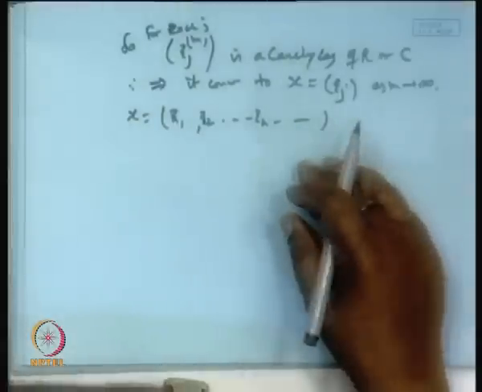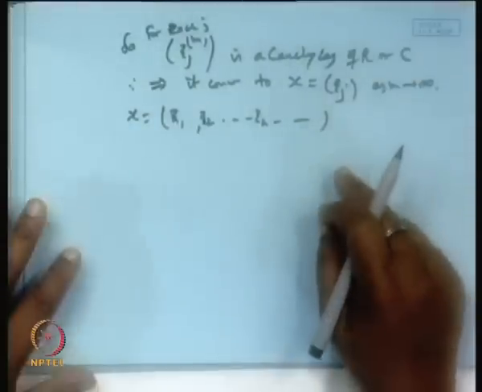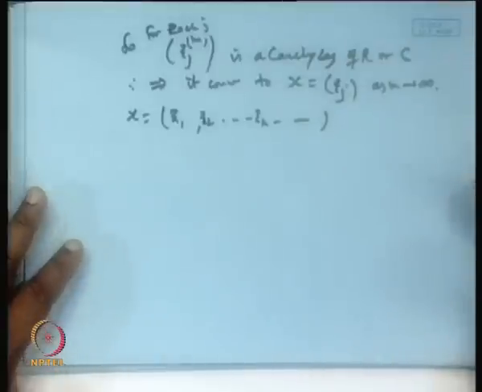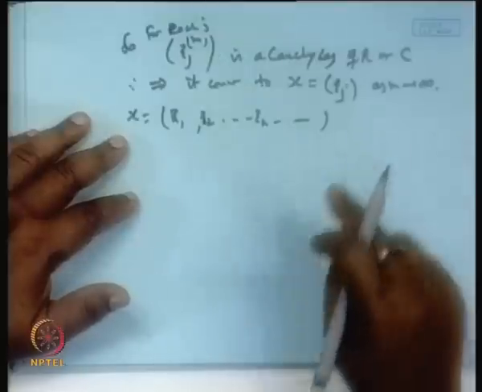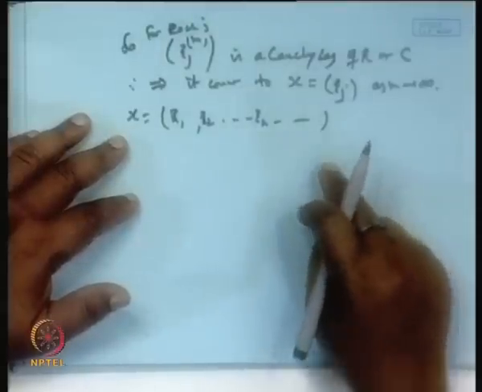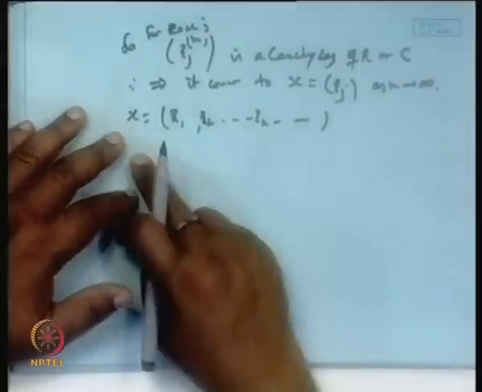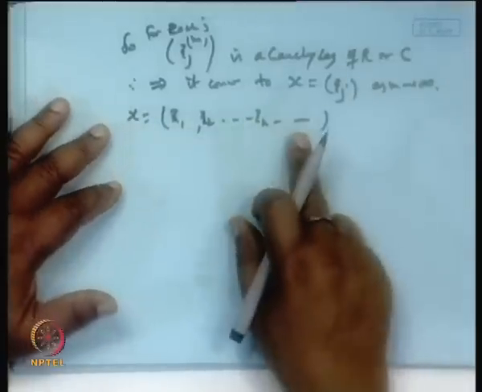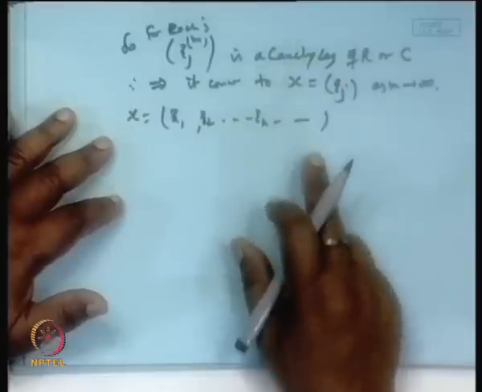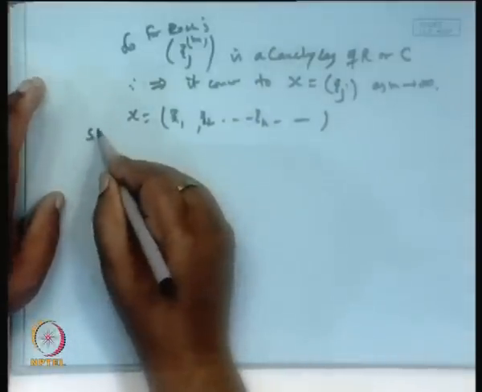If it belongs to l^p, and under the metric d_p this convergence is there, then we say l^p with d_p is a complete metric space. So, to show this is in l^p and the convergence in d_p, we start like this.